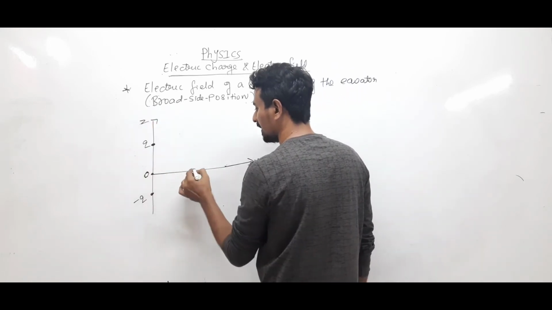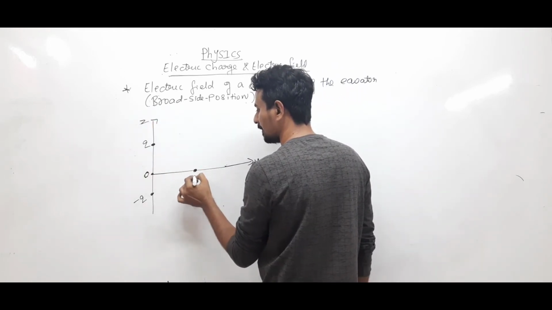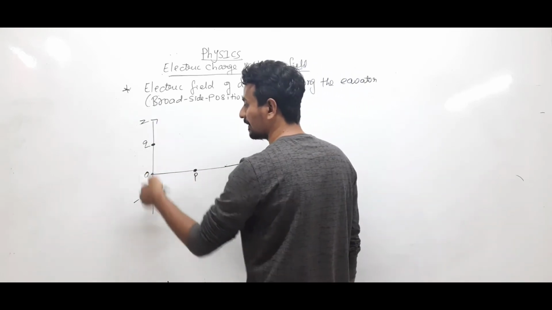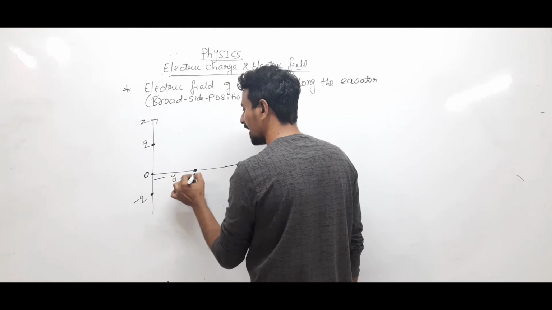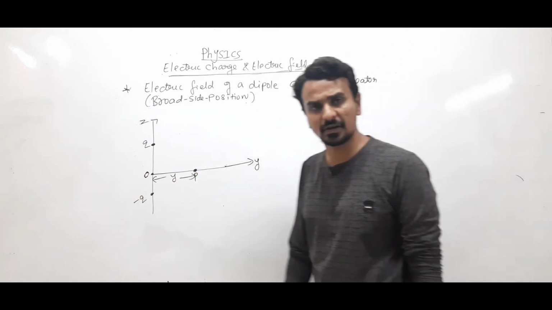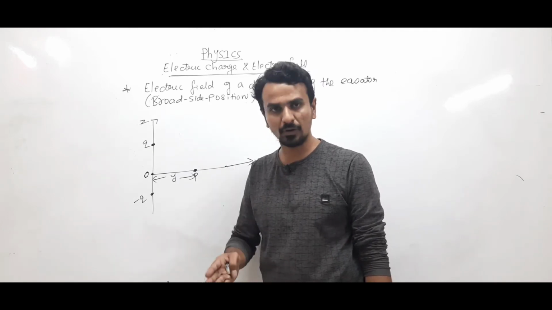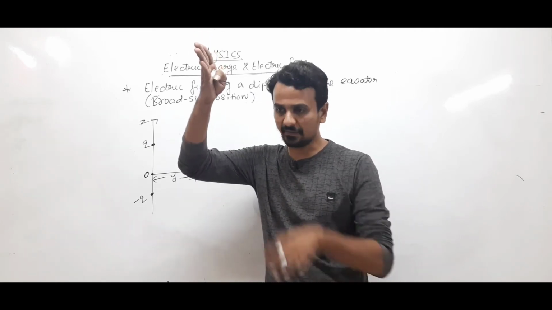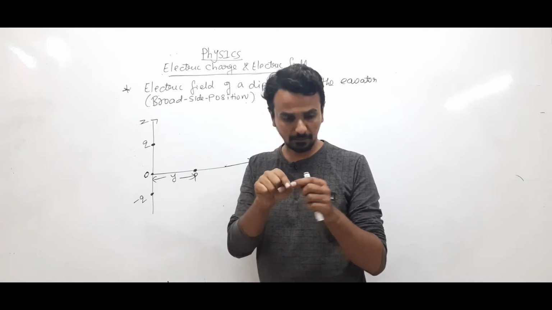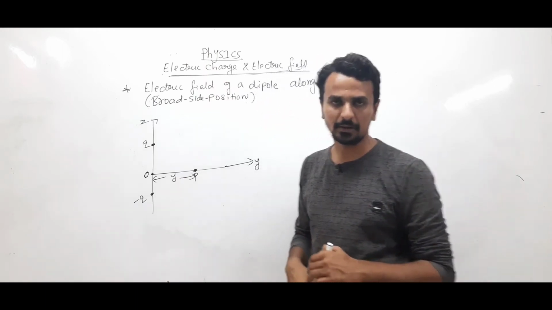Now suppose we are calculating electric field because of the dipole at a point which is lying at a perpendicular distance y from the dipole. Clear? So that means that will be the equator of the dipole. If this is the dipole, then this is x, this will be the axis, this will be the equator.